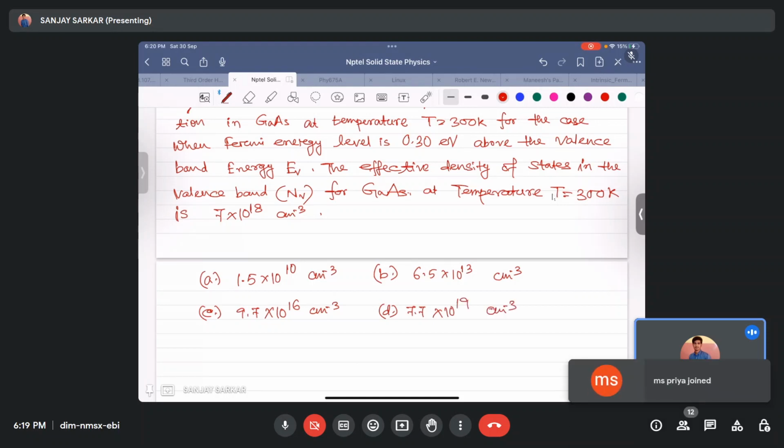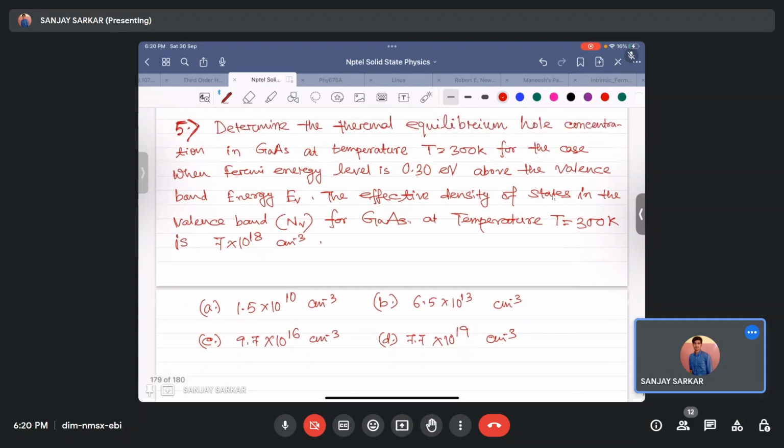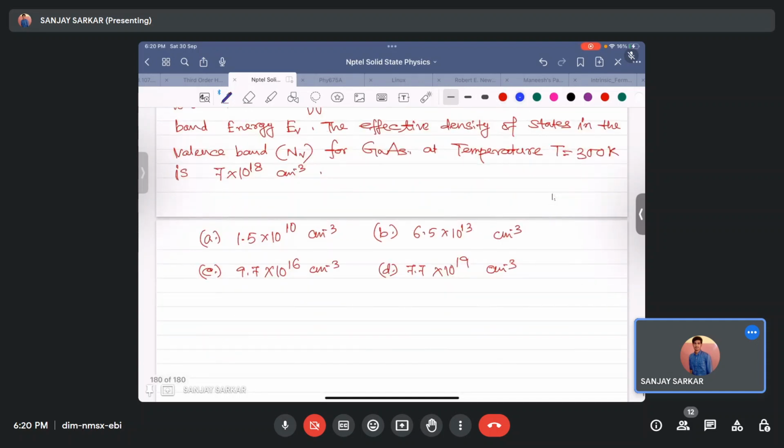So these are the options, and I will write down the formula for thermal equilibrium concentration of hole. Previously I have written down the formula for the thermal equilibrium concentration of electron. So similarly, the formula can be written as p or h, whatever you like.